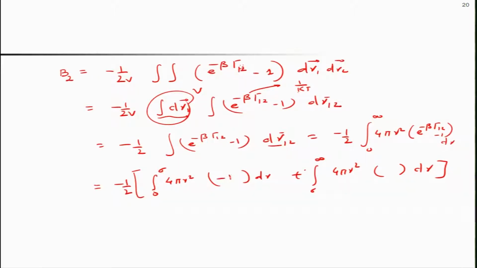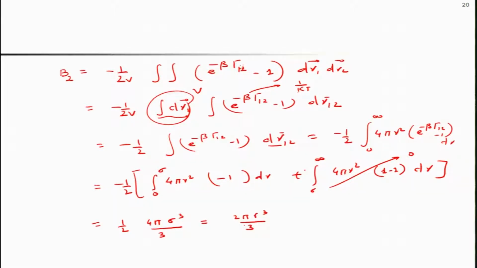That means this will be only minus 1. When r is greater than sigma, gamma is 0, so the exponential term is 1, then 1 minus 1 is basically 0, and this will be 0. So, what we have is 1 by 2 times 4 pi sigma cubed by 3, and this is 2 pi sigma cubed by 3.